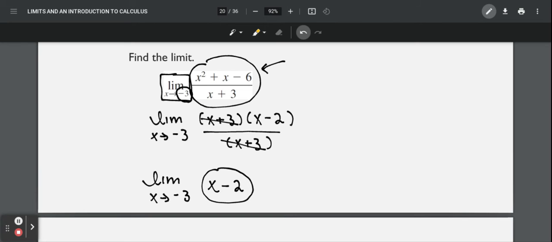So sometimes when the book asks you for another function that will look the same as the one you started with, it's really that idea of once you take out the hole, then you have that similar function. So once you're at this step, now you can substitute that -3 in for x, and you end up with -5, which from the table is what it seemed like the limit should be. Okay, so -5 would be our answer.